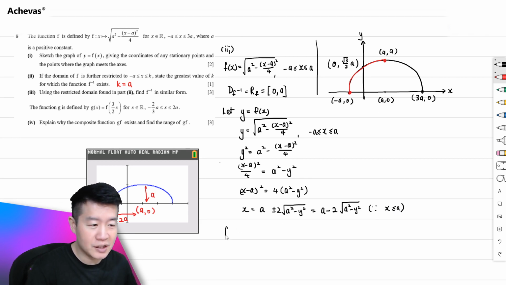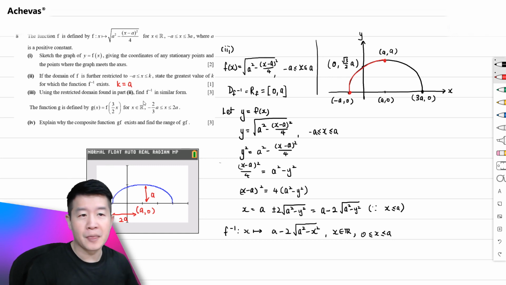So from here, we can deduce that the expression for f inverse is going to be a minus 2 square root of a squared minus x squared. And x will be real numbers, and at the same time, x should be in line with the domain of f inverse. x should be bigger or equal to 0 and less than or equal to a. Okay, this is f inverse in a similar form.